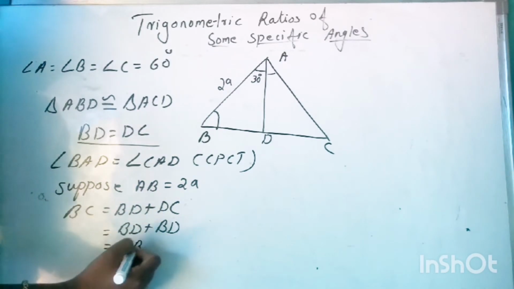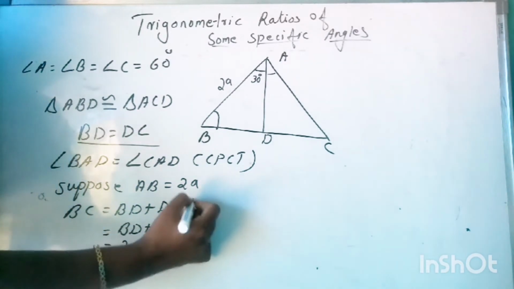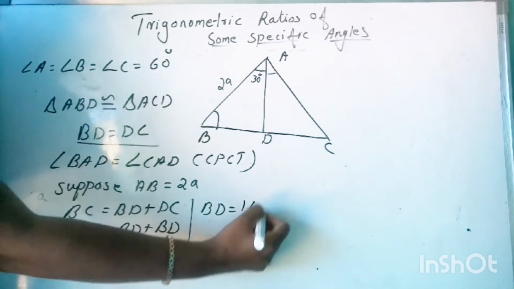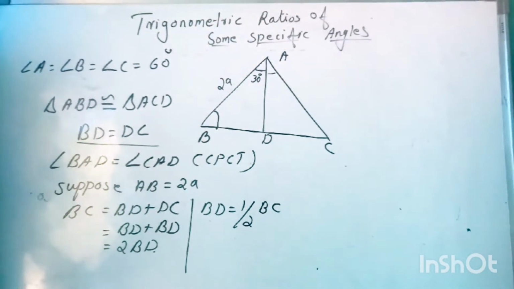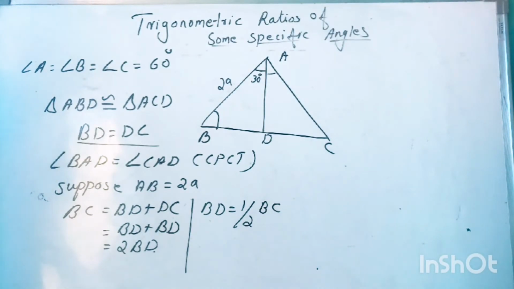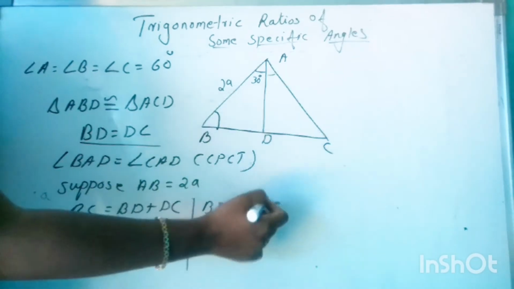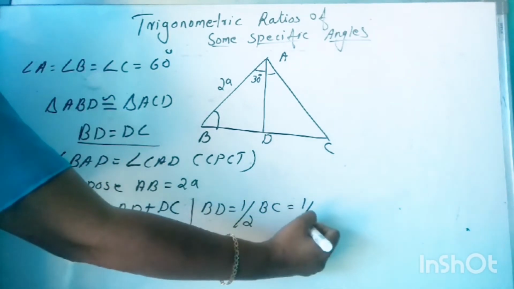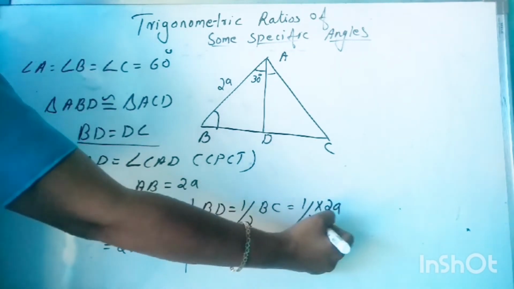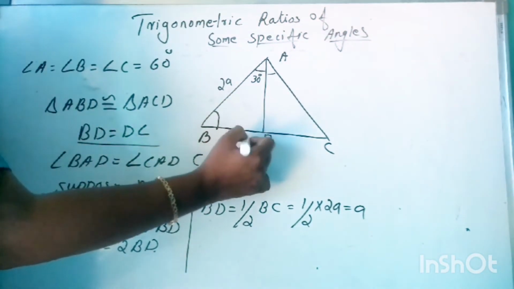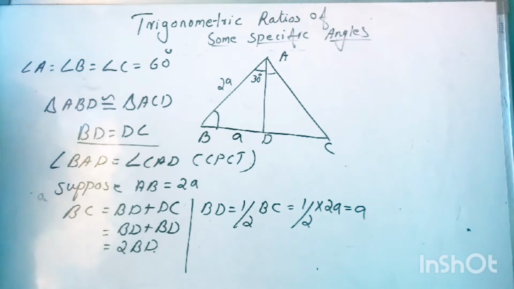We will get 2BD, so BD equal to half into BC. This is an equilateral triangle and we took one side equal to 2A, then BC is also 2A, that is half into 2A. The 2 gets cancelled and we will get BD equal to A.